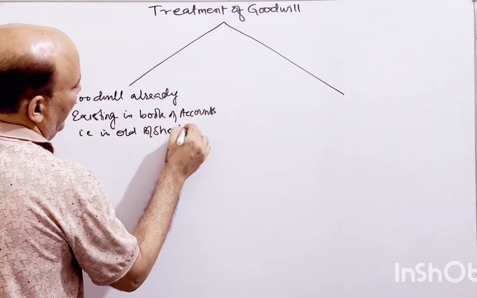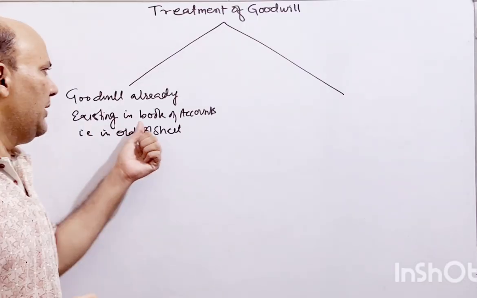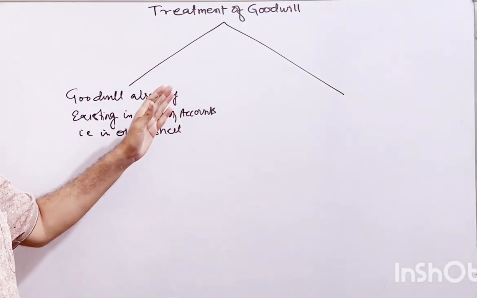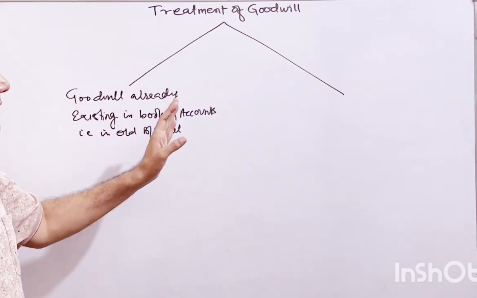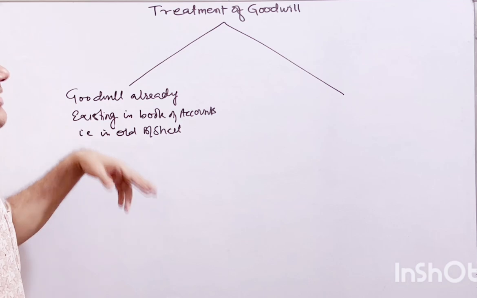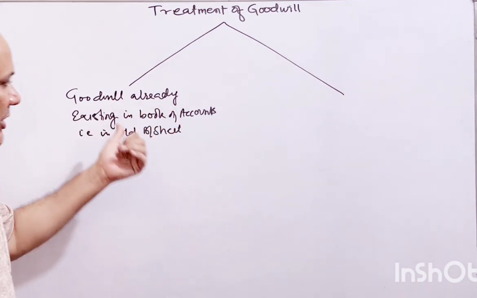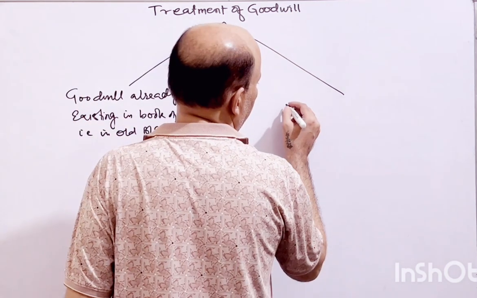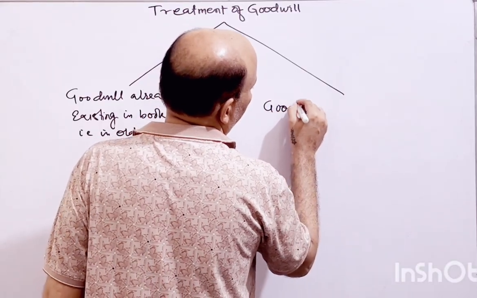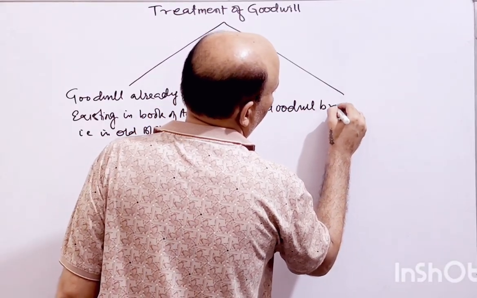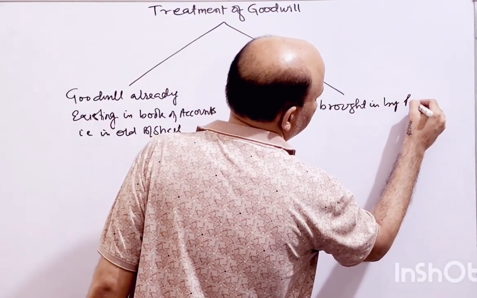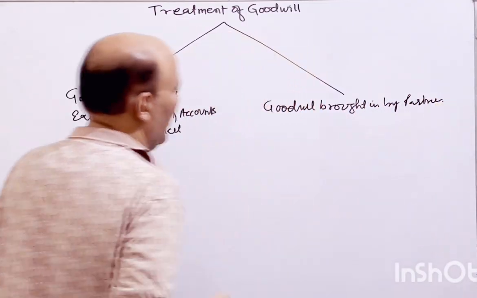If at the time of reconstitution of partnership, the old balance sheet is given to you in the question, and the goodwill is appearing in the balance sheet, what is the treatment? And the second thing is goodwill brought in by the partner. How is he bringing it in?